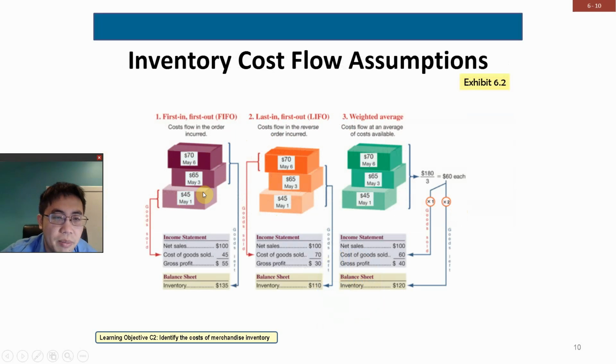Let's say for a company, each time they import the inventory, the cost is at a different level. Sometimes the cost is 45, sometimes 65, and sometimes 70. Because the inventory costs a different amount on different dates, you need to decide which inventory should go first, and that depends on what industry you are in.